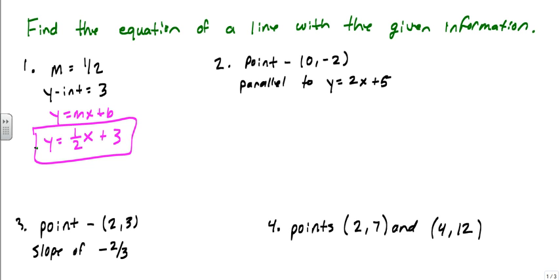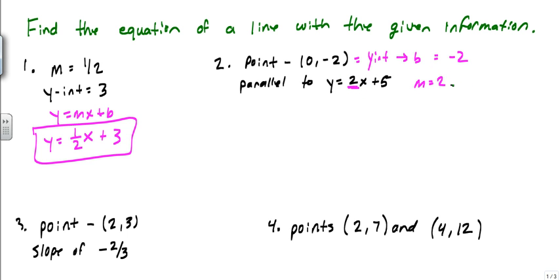Number 2, we're given a point and we're given that the line has to be parallel to another line. This looks a little bit harder, but it's actually just as easy, because this point right here is our y-intercept. This is our b, and it equals -2. And then parallel to the line y equals 2x plus 5, we know that parallel lines have the same slopes. So therefore, your slope is 2.